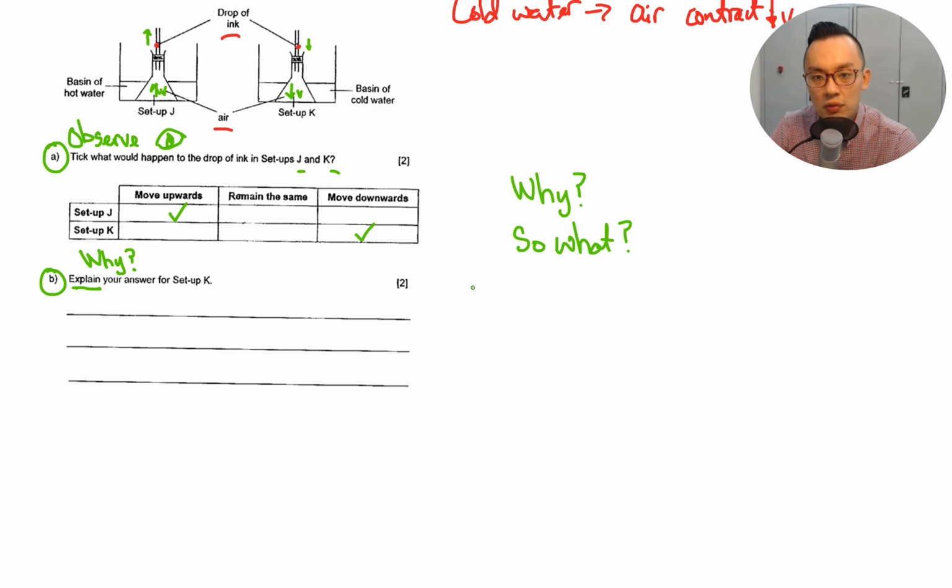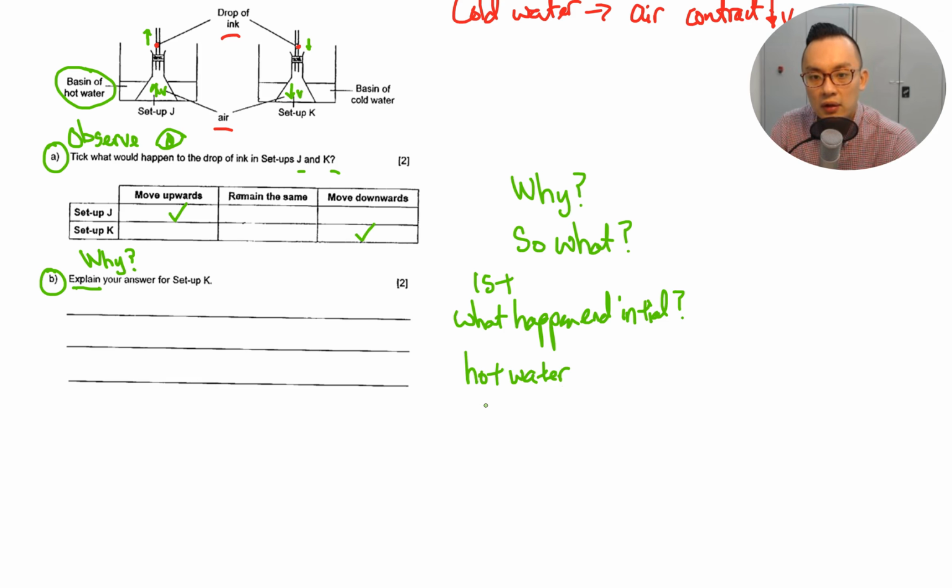The first thing you must write down in your answers is always what happened initially. The initial state: there's a basin of hot water. There is some kind of a flask. There's air inside. That's the initial state. You have hot water, you have some kind of air, and you have your drop of ink. And the final state, so what happened at the final state?